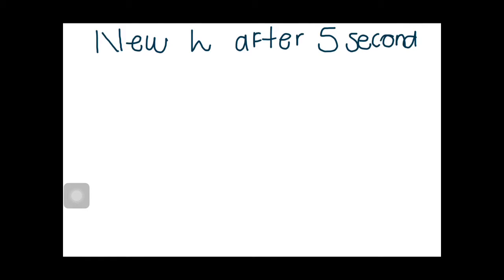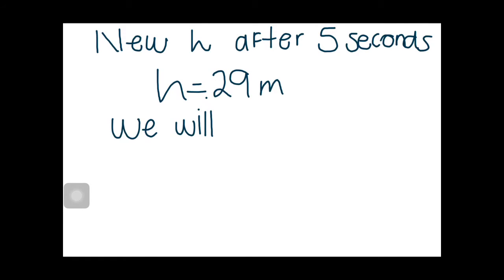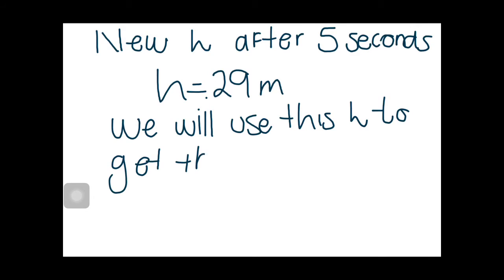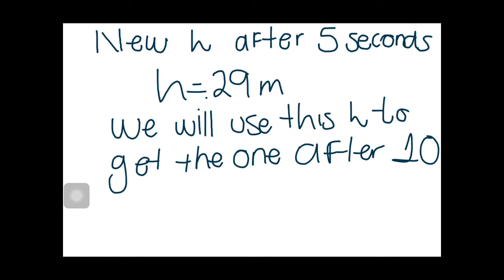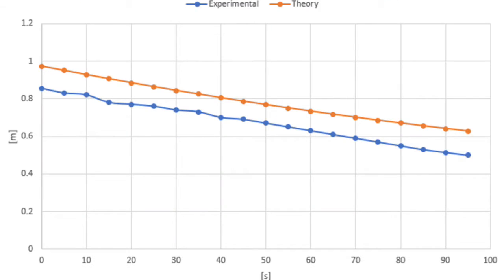So we can derive this and we get the new h. So the new h after 5 seconds, for example, will be 0.29 meters. This h we will use to get the one of 10 seconds when we get the new volume flow rate, and so on, and you have to get the new h every 5 seconds.